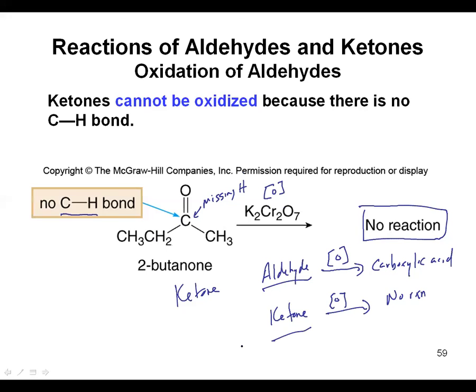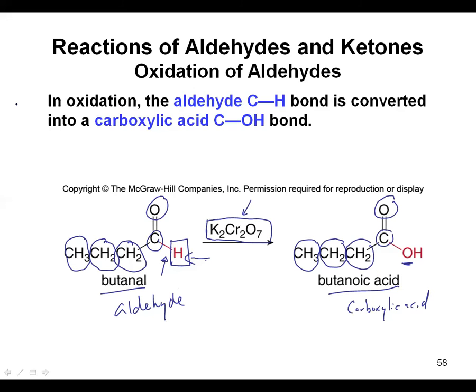One is what is known as a Tollens test, and the other is the Benedict's test. They will show the oxidation to the carboxylic acid, which means if you run either one of those tests, and we'll see what they look like in just a second, and it's positive, what that means is you had an aldehyde, and this reaction occurred, where we went from an aldehyde to a carboxylic acid.